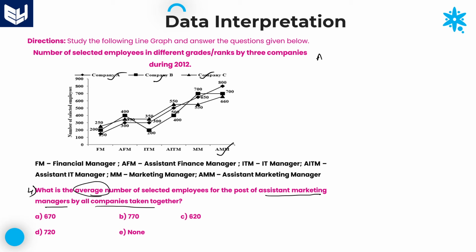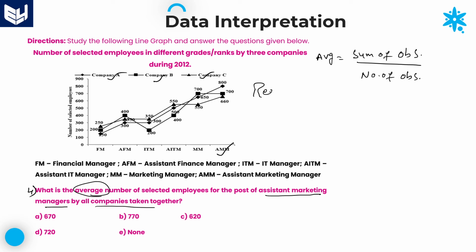As we all know that average is equal to sum of observations divided by number of observations.